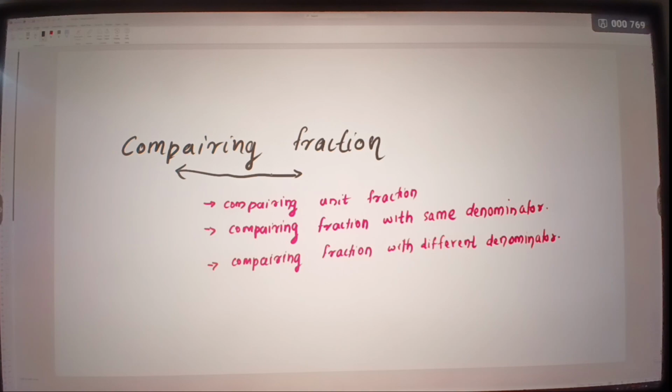The next topic we are going to see is comparing fractions. In comparing fractions, there are 3 different ways we can compare depending upon the type of fraction. First is comparing unit fractions, then comparing fractions with the same denominator, and comparing fractions with different denominators.